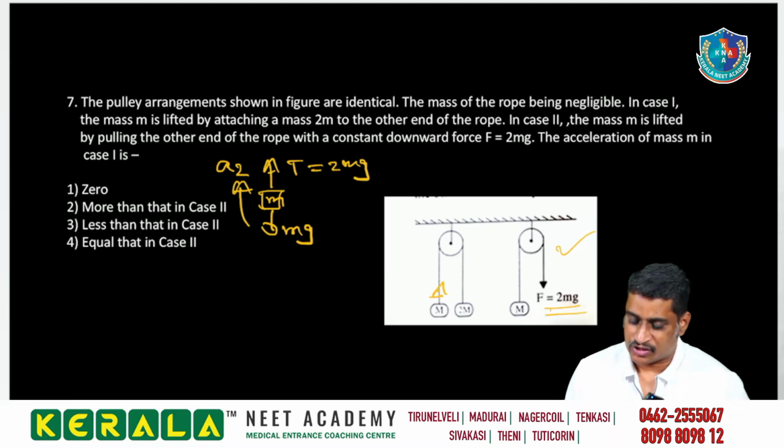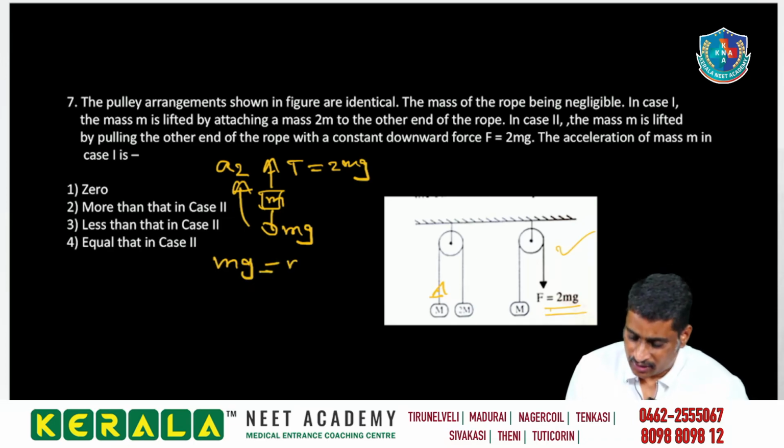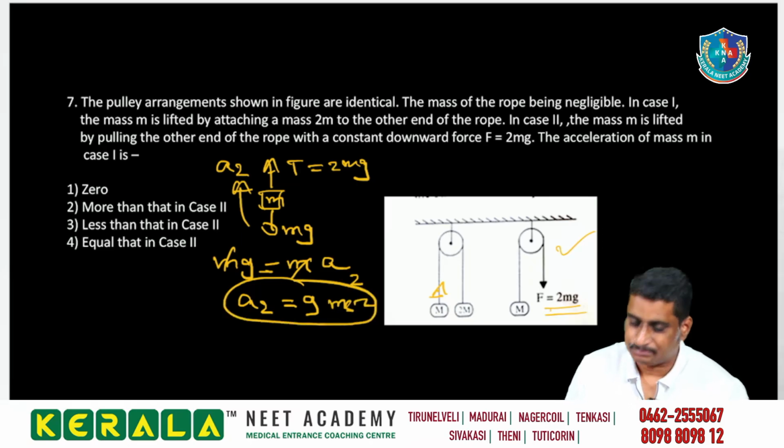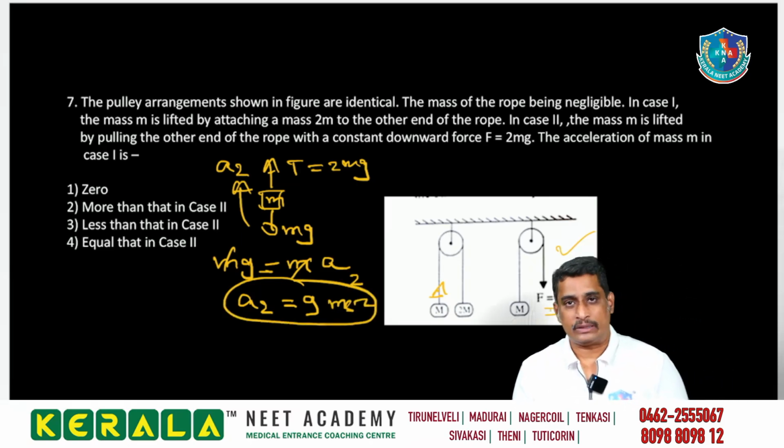The resultant force is nothing but 2 mg minus mg. So net force is equal to mg. That mg will provide acceleration to that block. Acceleration of this block, we named it as A2. Therefore, acceleration of the block in the second case is nothing but g meter per second square in the upward direction. Okay, it is very clear.